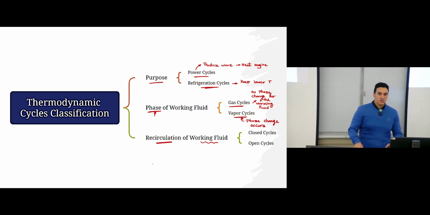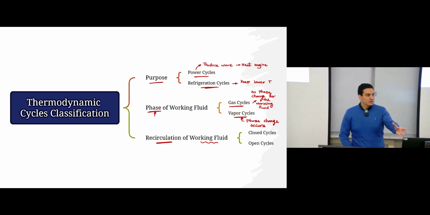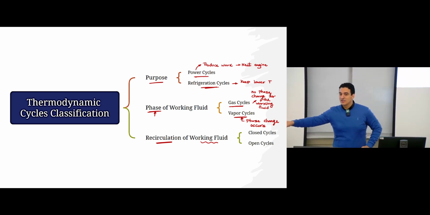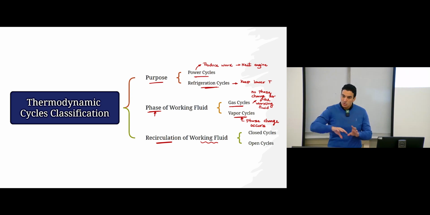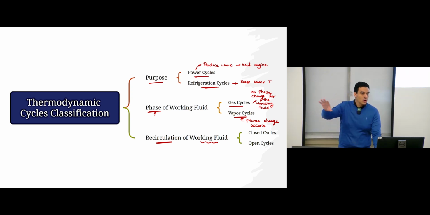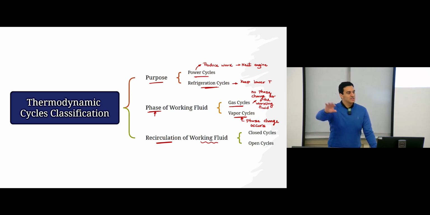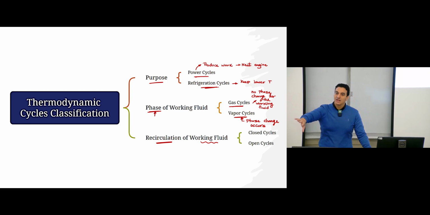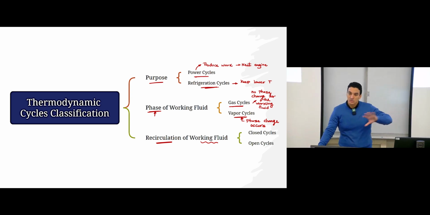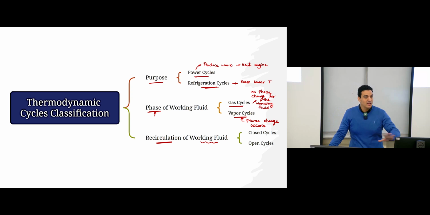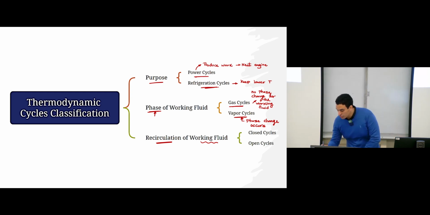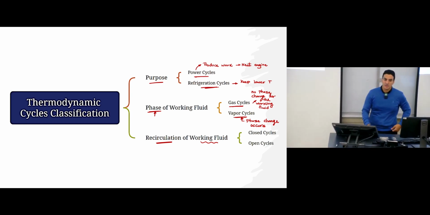That means the working fluid can enter the first unit as gas or vapor and exit as liquid or as a mixture of liquid and vapor, so we have phase change happening throughout the process. But in gas cycles, the gas goes into the first unit as gas and exits as gas. The second unit, inlet as gas, outlet as gas. The third unit, the same. It remains gas throughout the whole cycle. But if phase change happens, the inlet can be vapor and the outlet can be a mixture of liquid and vapor, or even 100% liquid. So this cycle is called a vapor cycle.